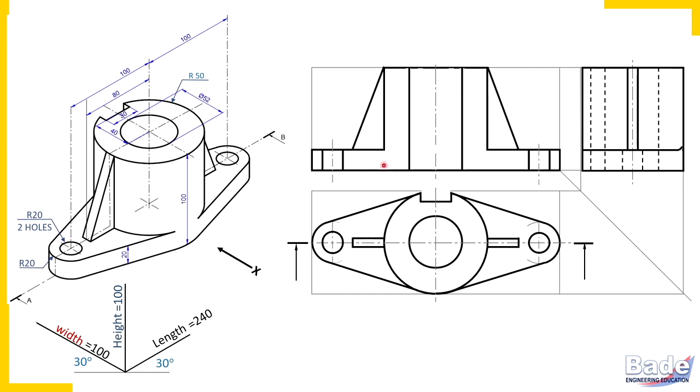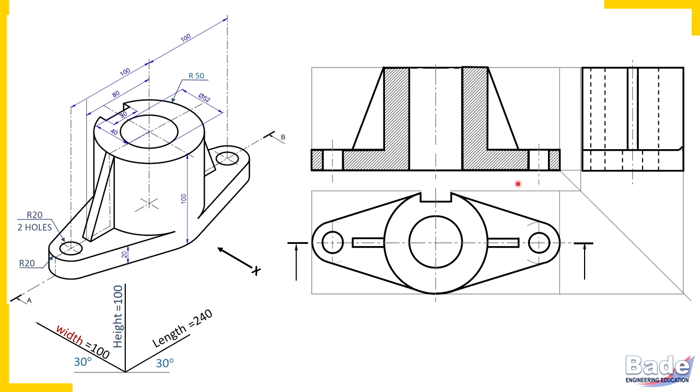So to identify newly generated surfaces, simply avoid holes and largest surfaces of plates and draw the hatching lines. So here I have drawn hatching lines, here hatching lines, here hatching lines, and this is how we have completed the sectional front view.